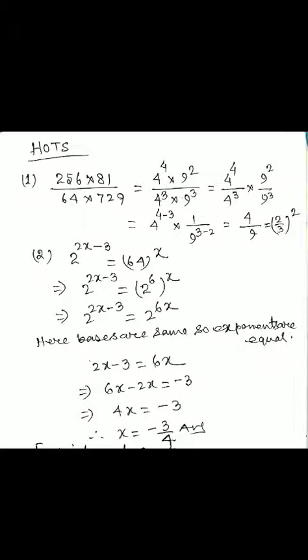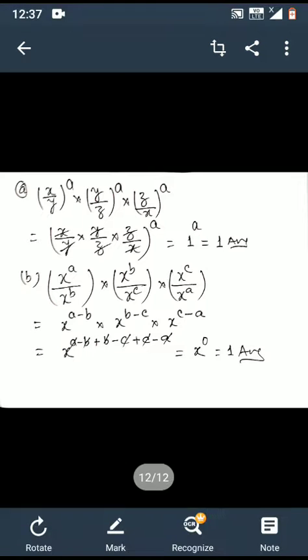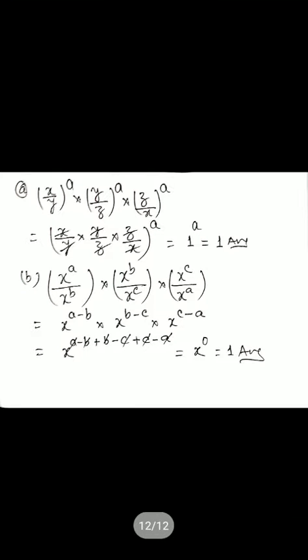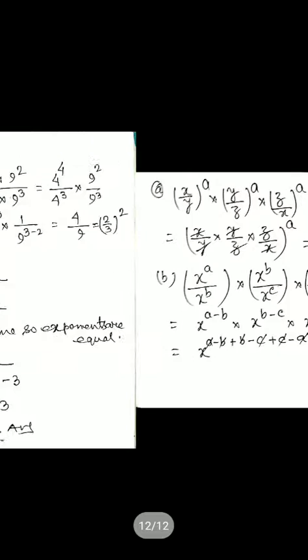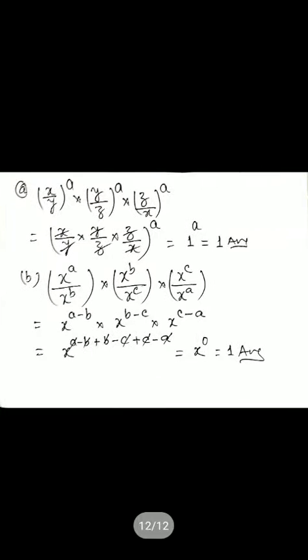Here bases are same, so exponents are equal. So 2x minus 3 equals 6x. 6x minus 2x equals minus 3. So 4x equals minus 3. Therefore x equals minus 3 by 4. Answer.